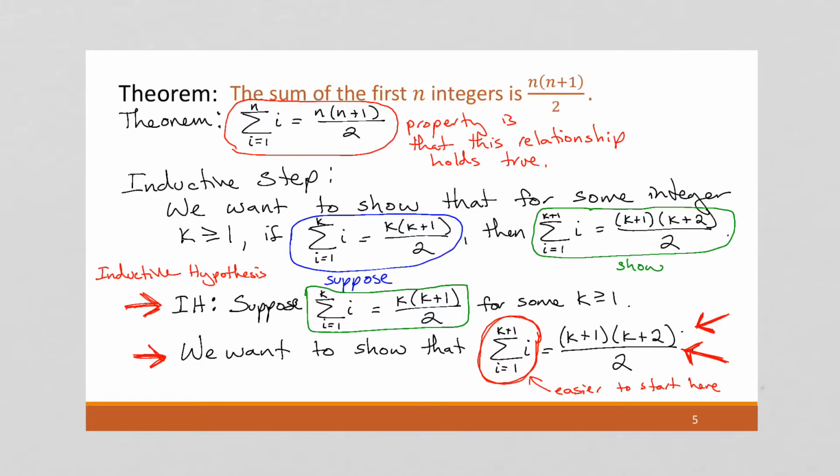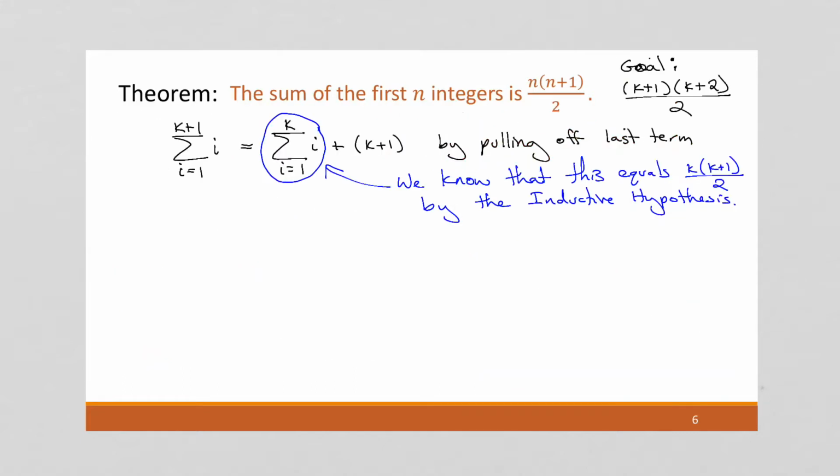If we look back, we say this relationship. And that's what we're supposing, so we can use it. Okay, so I'm going to rewrite this as saying this is equal to K times K plus 1 over 2 plus this K plus 1 over here that we can't lose. And it's really important to note that we're doing this by using the inductive hypothesis.